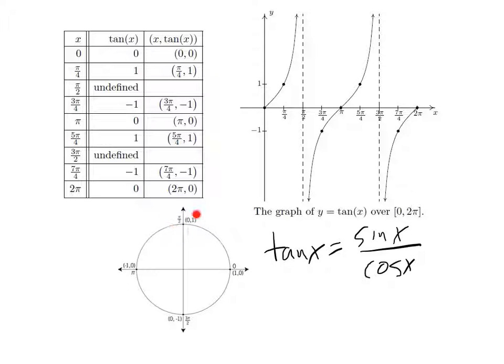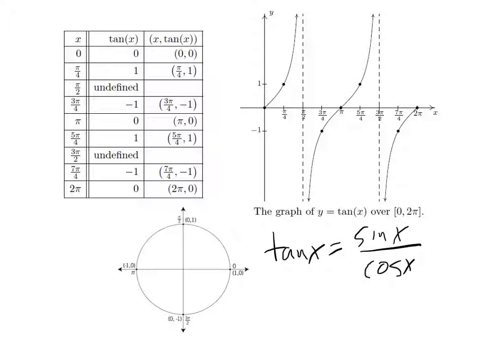For pi halves, tangent is 1 over 0. That's undefined. For pi, tangent is 0 over negative 1, which is 0. For 3 pi halves, tangent is negative 1 over 0, which is undefined. And again at 2 pi, tangent is 0 over 1, which is 0.